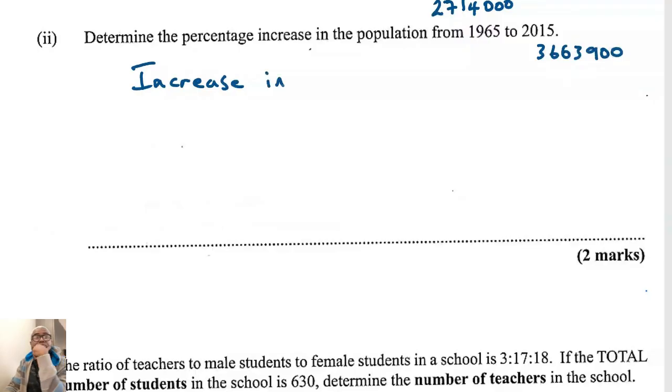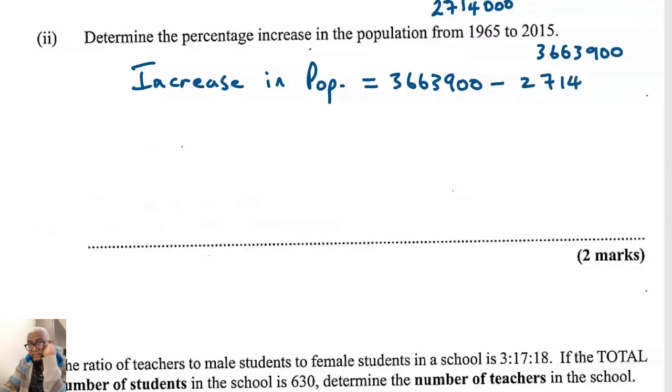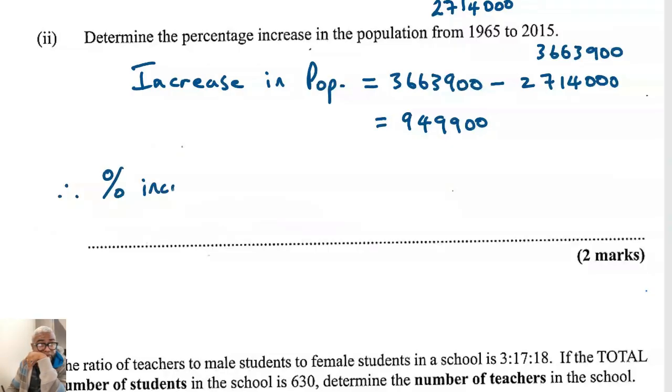The increase in population, we just subtract the year 2015 from the year 1965. 3,663,900 minus 2,714,000 would be equal to what's my population increase? 949,900, right? Everybody good here? So therefore, percentage increase now.